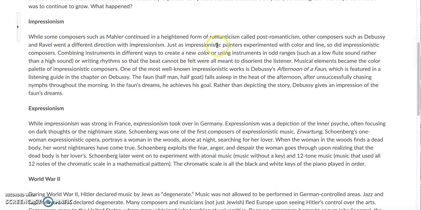We see Gustav Mahler's name mentioned here, Ravel, Debussy. One of his most well-known pieces is an impressionistic work called Afternoon of a Faun, which you may have heard outside this course, but you'll have a chance to listen to it during this week as part of your listening.